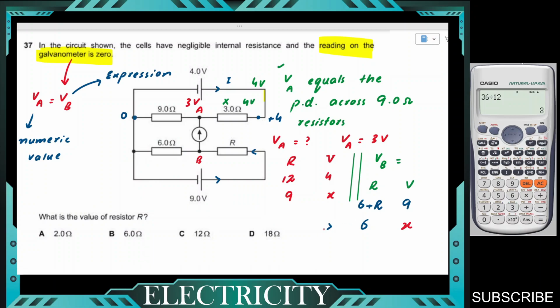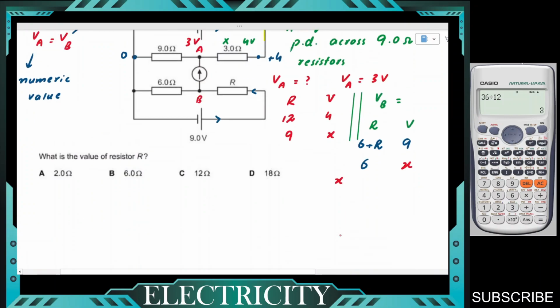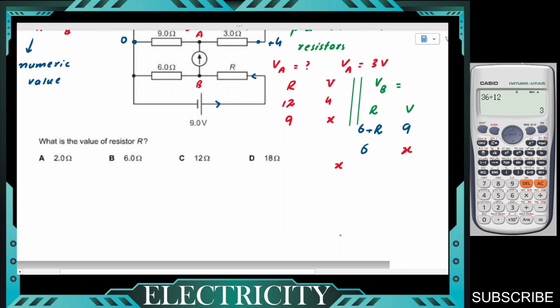Then you just hit it on the calculator, and could you tell me what we get for X? Oh, sorry, not the calculator, rather we get the expression, right? So X times 6 plus R equals 6 times 9, which is 54.